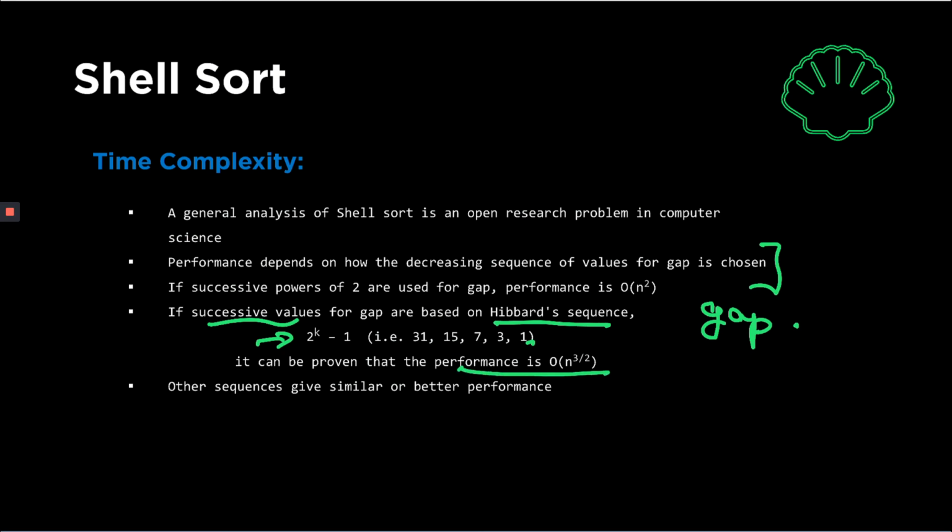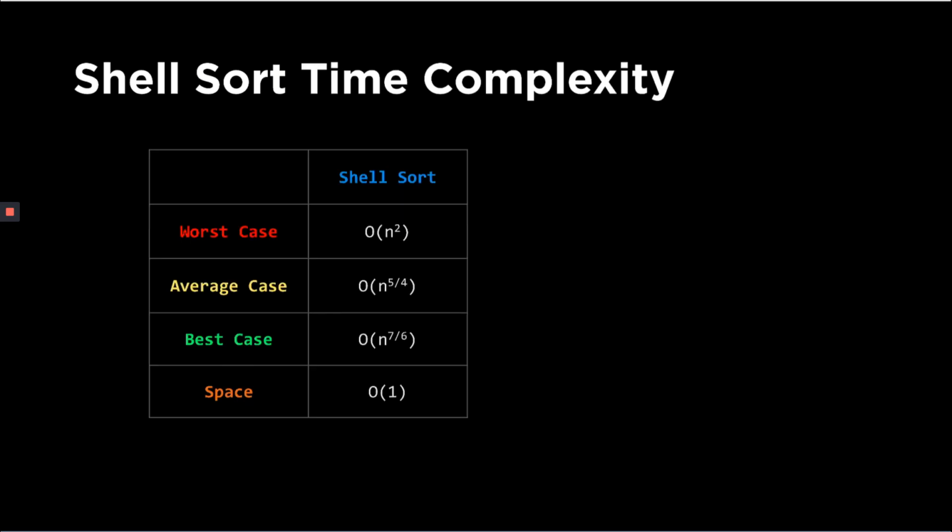How to prove this is beyond the scope of the course, but I'm letting you know that the average case performance typically looks like O(n to the power 1.5), or 3 by 2. Some sequences might have better or worse performance based on the gap function you take. In the worst case, it performs in O(n squared) time.